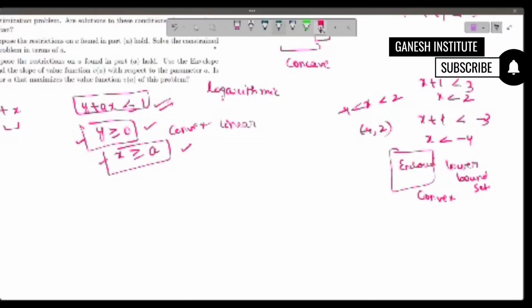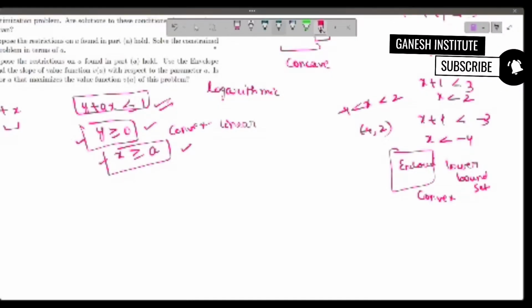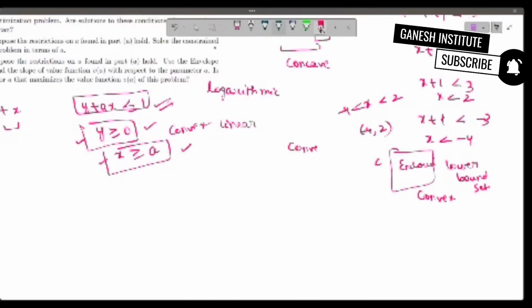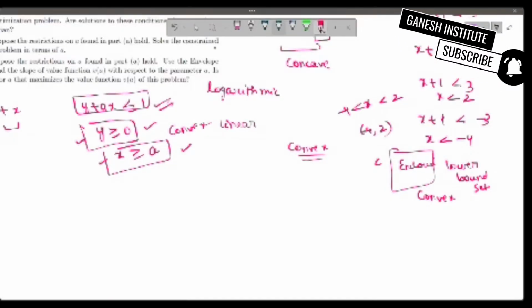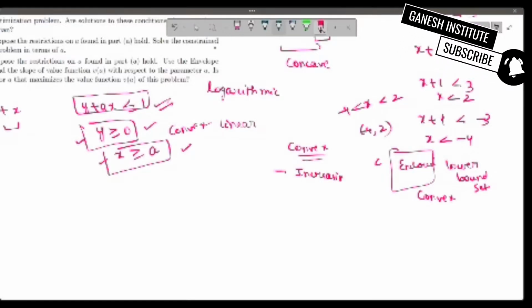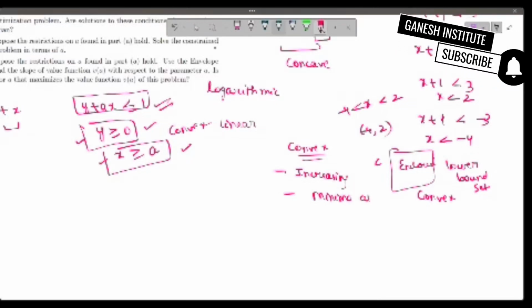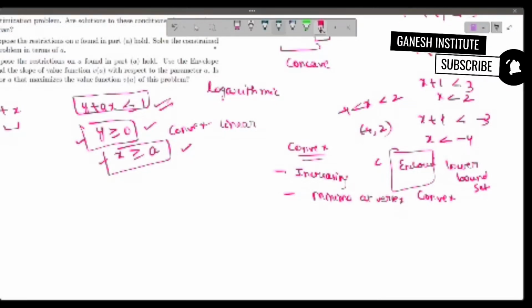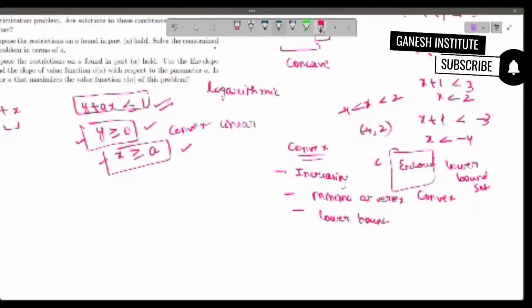See, it is asking me whether the constraints are convex or not. Now I need to check convex. In fact, it is not asking me to prove, it is just to check. So I can check if the function is increasing. I can check if it has a minima at vertex. I can check if it is a lower bound, so that valley thing.